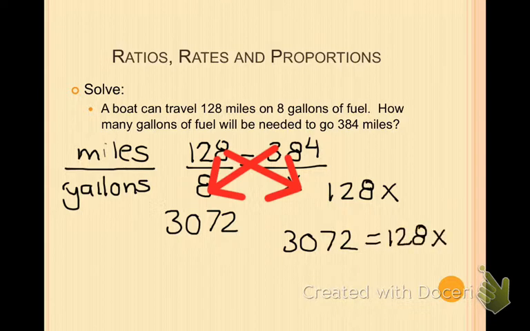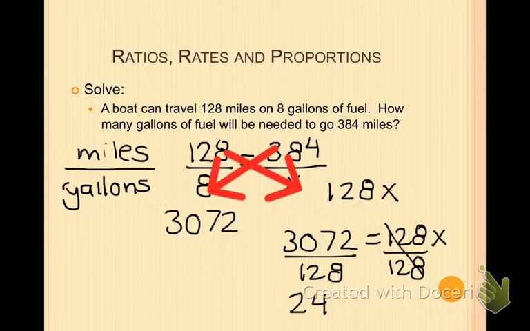Now to solve this, we're just going to divide both sides by 128. And we end up with 24. So we need 24 gallons of fuel. It's really important to make sure that you're lining up your units on all of these rates.